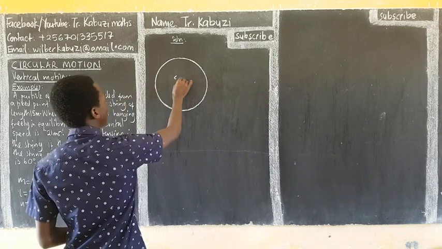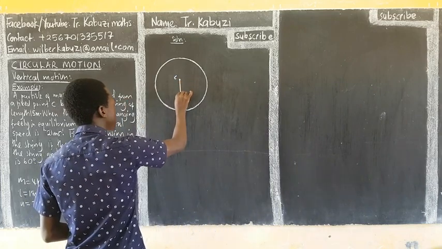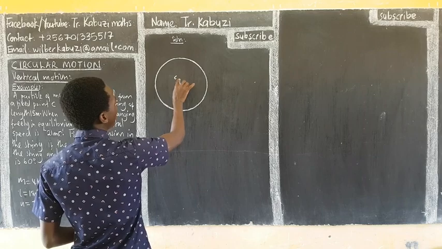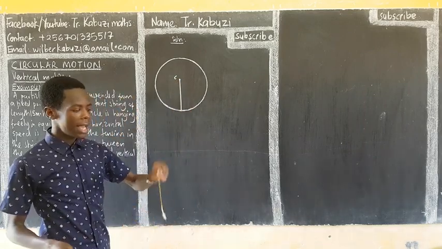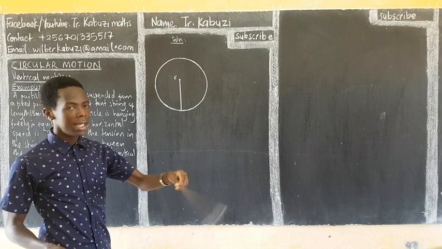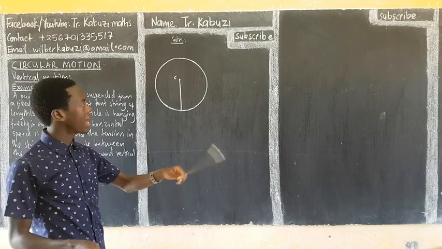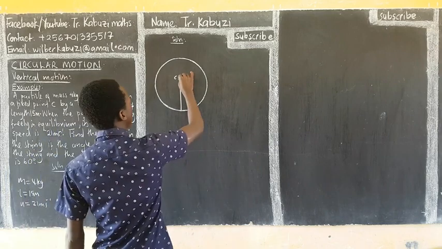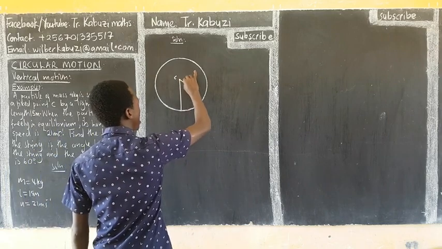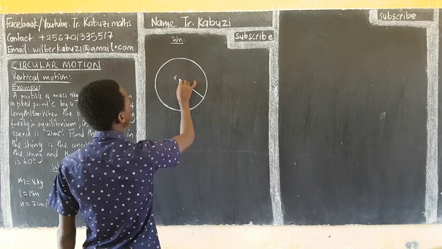If I consider this to be the fixed point, of course it's going to be the center of the circular path. So the center is where this string is fixed. From there, the angle here is 60 degrees.